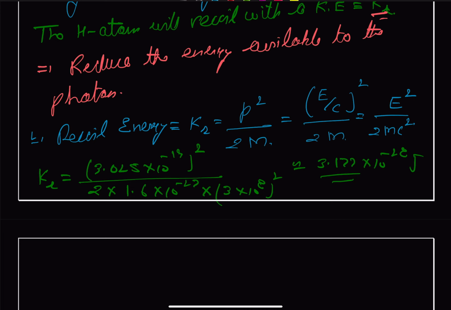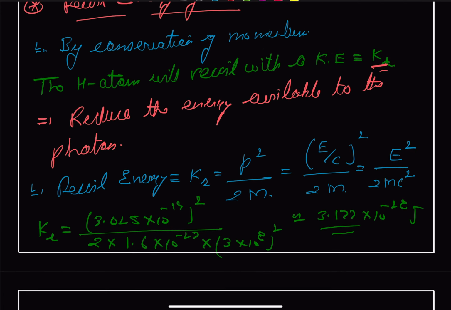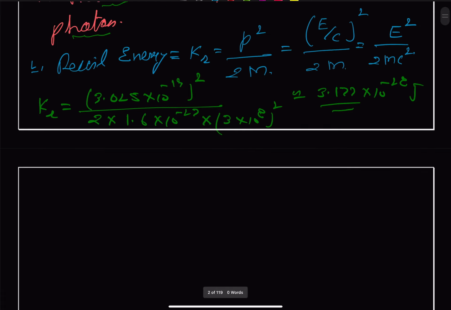Now, like I said, there will be a fractional decrease in the energy that will be available to the photon. Now we can find out what will be this fractional energy loss.